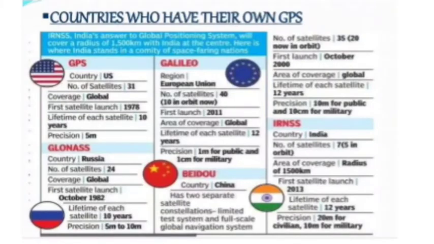But IRNSS came, and India launched the first satellite in 2013. The lifetime of each satellite is 12 years, with a precision of 20 meters for civilians and 10 meters for the military. They constitute India's own GPS-like satellite system.